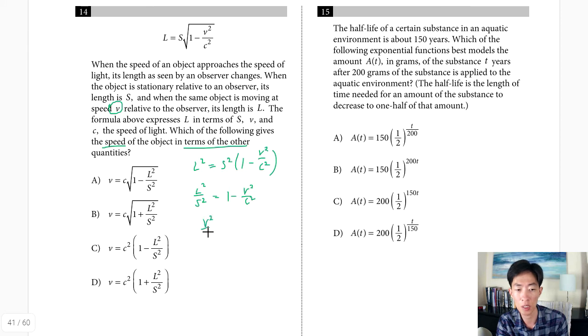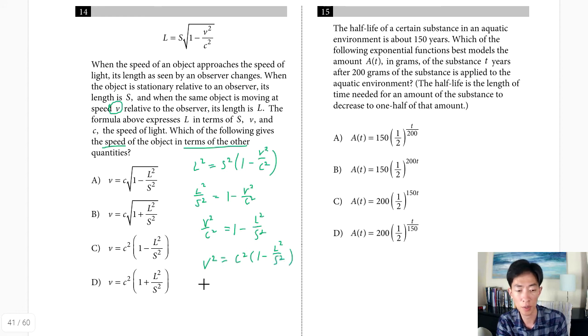So we get v squared over c squared equals 1 minus L squared over S squared. The next thing we're going to do to isolate v is multiply both sides by c squared. So we get v squared equals c squared times 1 minus L squared over S squared.